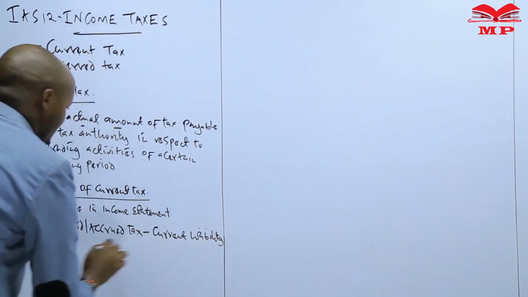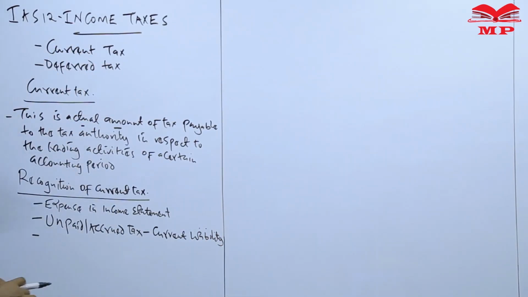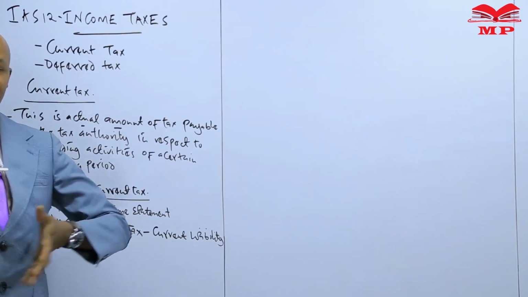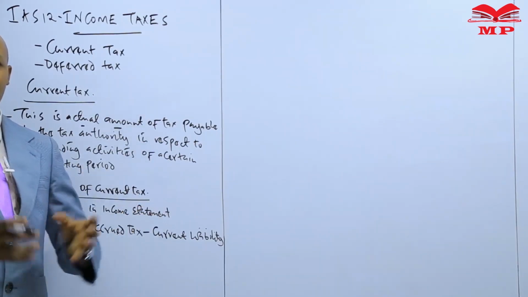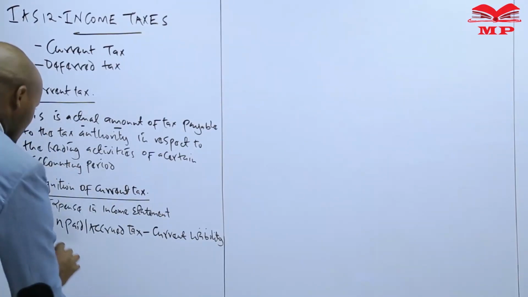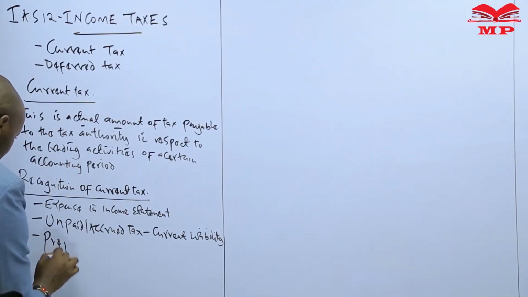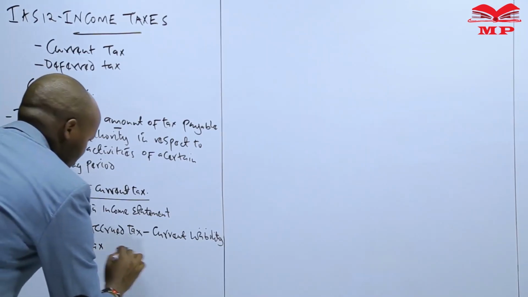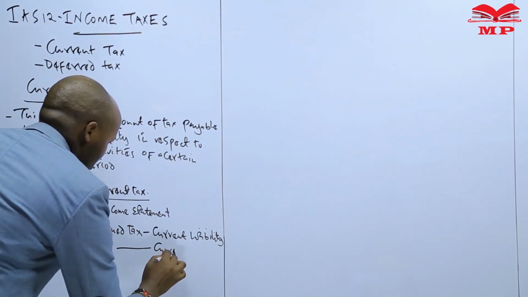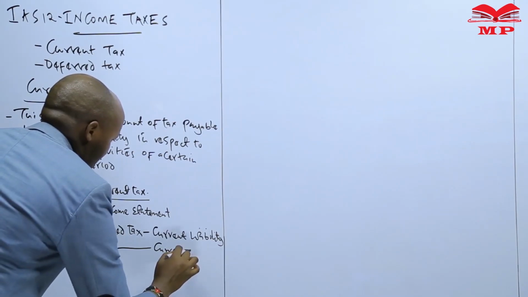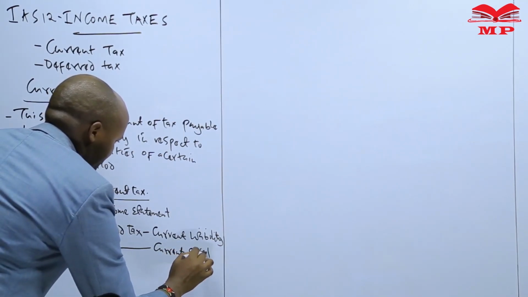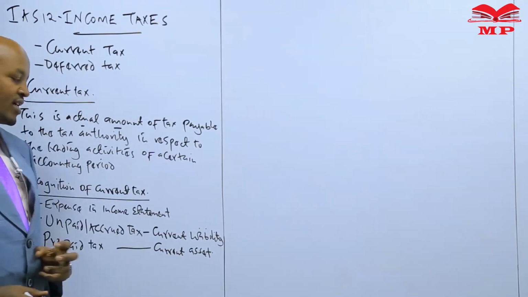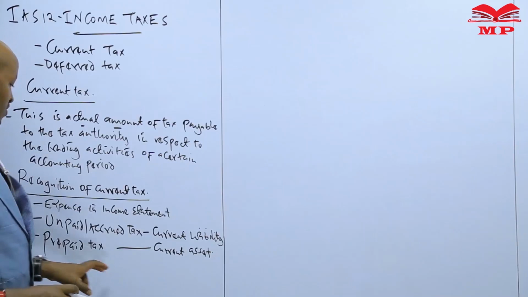On the other hand, there are some cases whereby a company may have paid more tax than it was supposed to pay, meaning that in such a case we may have what we refer to as a prepaid tax. Such a prepaid tax should be accounted for by the reporting entity as a current asset, because by the end of the day, the company can recover that tax from the government.